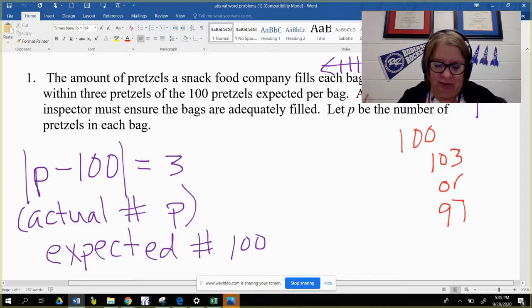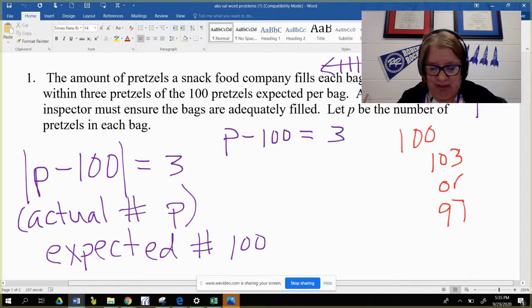So if this is our equation, we know that P minus 100 might be positive 3. The difference between the expected number and the actual number might be plus 3. Okay, that would be our 3 over. Or that P minus 100, the difference between the actual number and the expected number, might be 3 under, right?